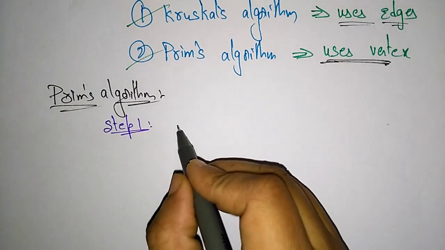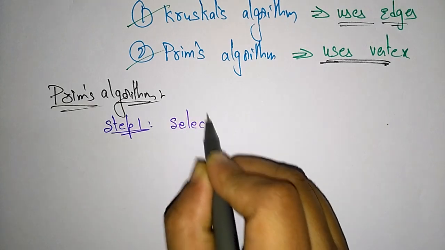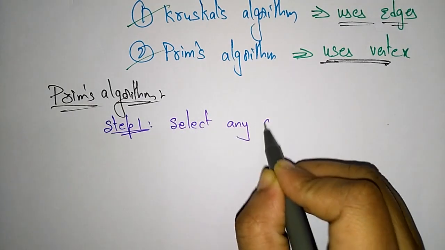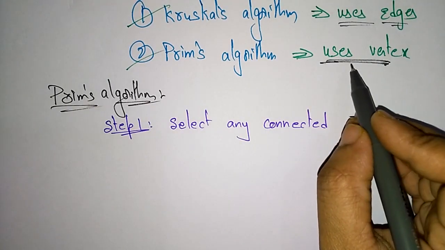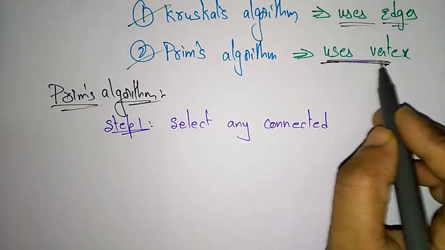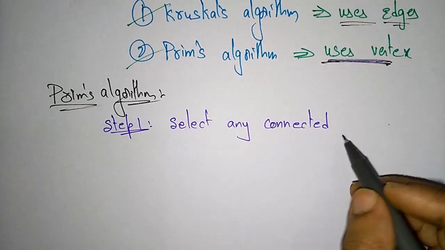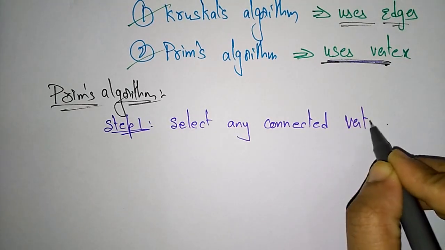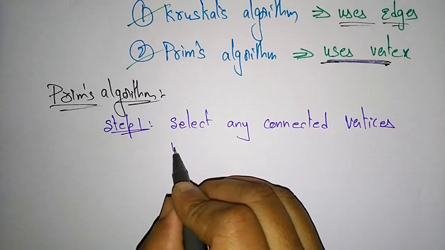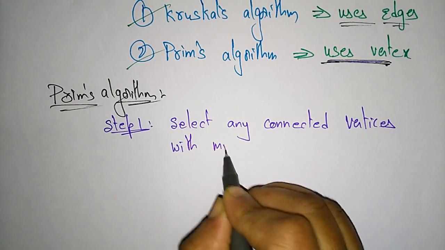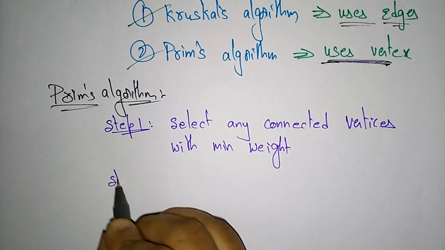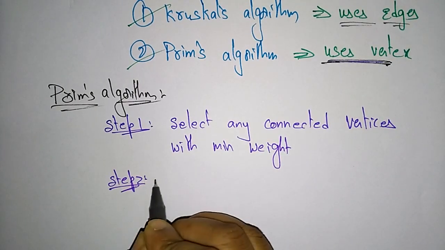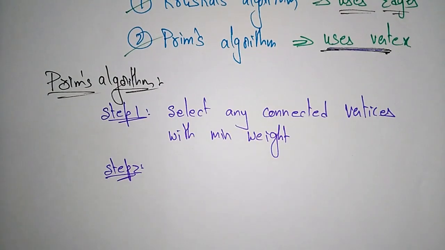Step 1: we have to select any connected vertex. We are discussing Prim, so we use vertices. First select any connected vertex with minimum weight. Next, step 2: we have to select an unvisited vertex.